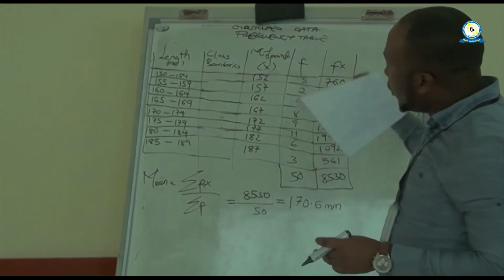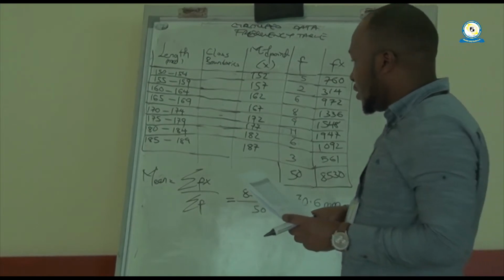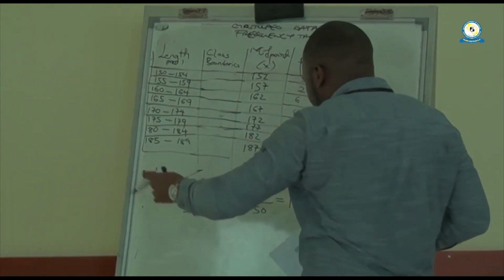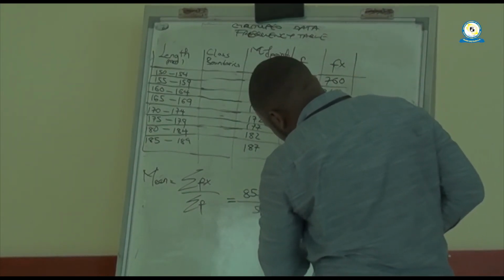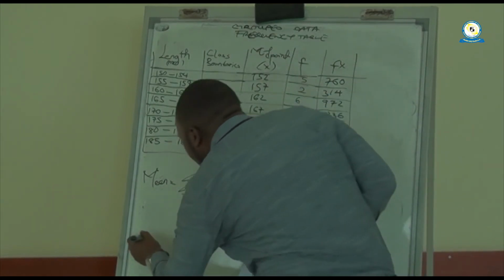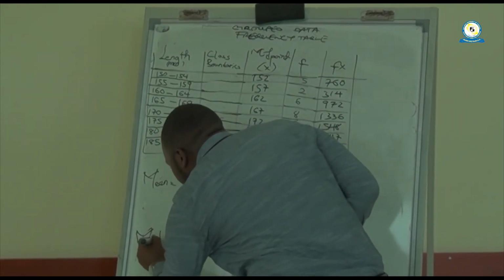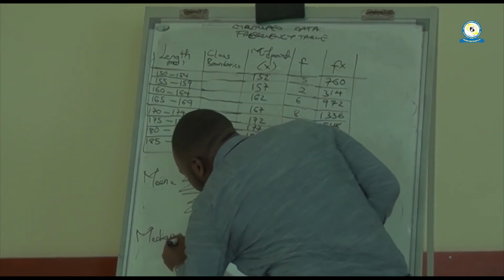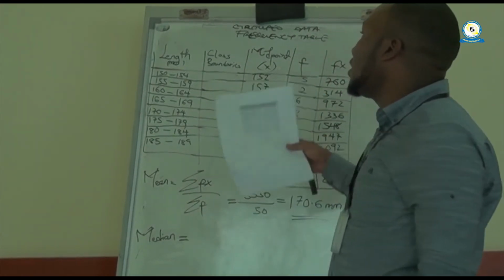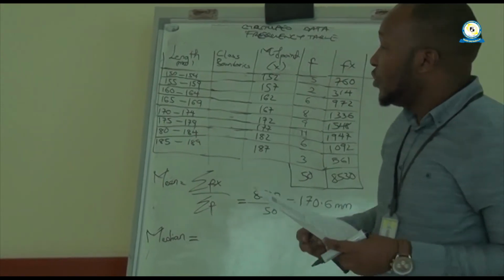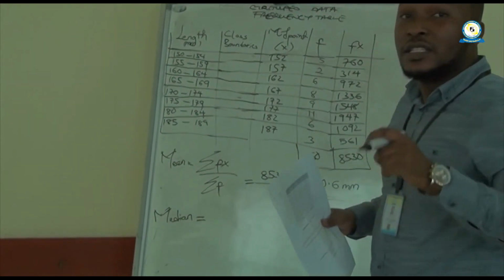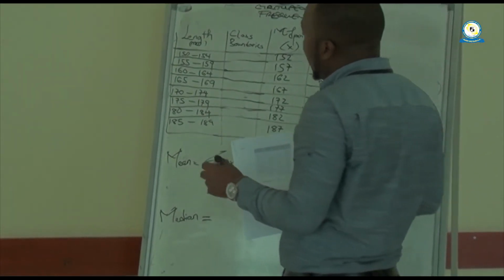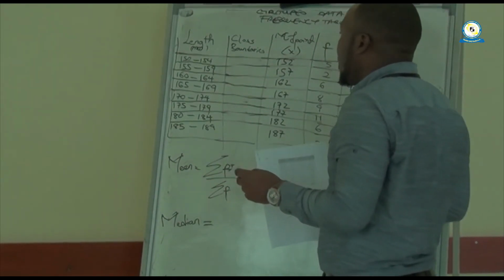So we have obtained our mean, our average length. Now we want to understand the middlemost number for our data. But this one is grouped data, so before we proceed, we need to create class boundaries. How do we calculate class boundaries?